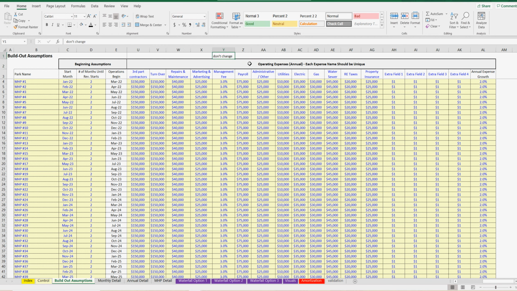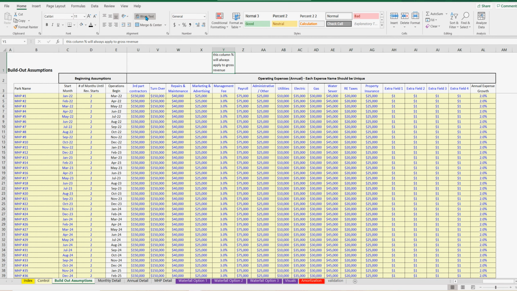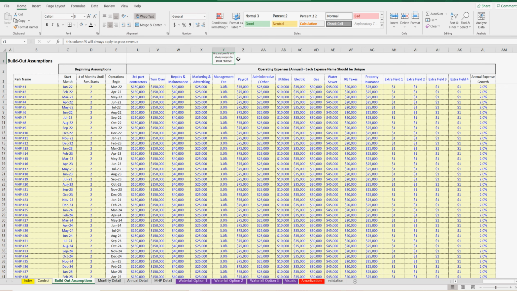This cannot change. I'm going to put here, don't change. Or no, you can change the percentage. This column percent will always apply to gross revenue.